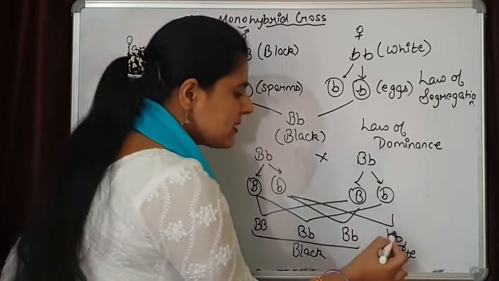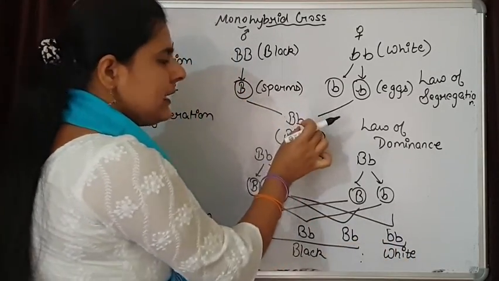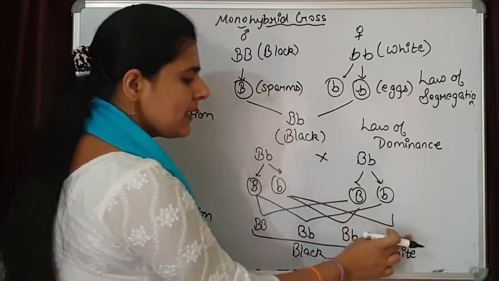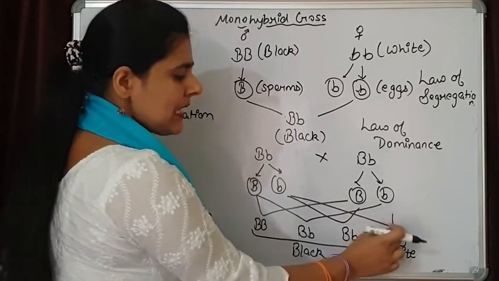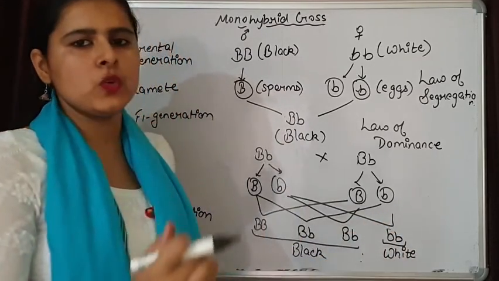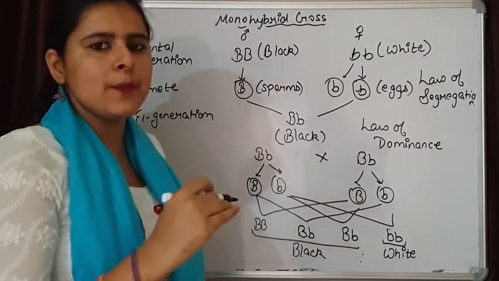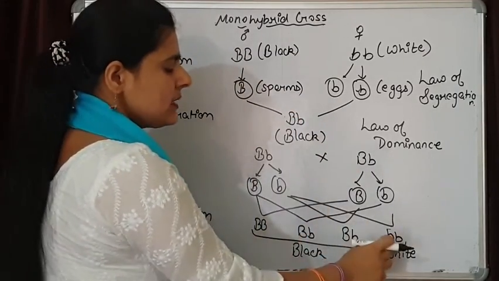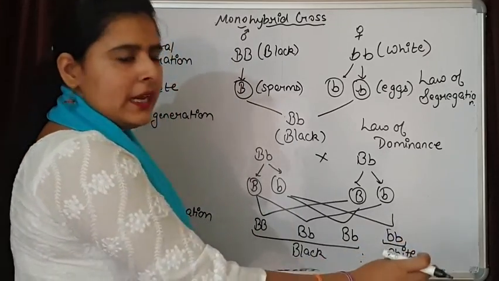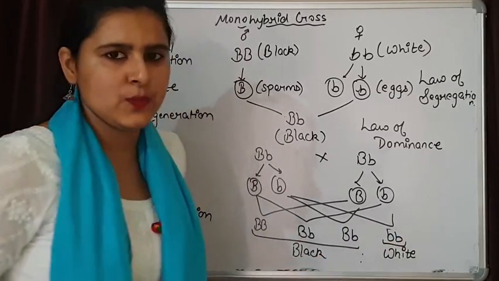Means when this recessive allele exists in homozygous situation with the same kind of allele, it is going to express itself. So its expression was not completely suppressed over here. When it is getting opportunity, it is going to show its expression.